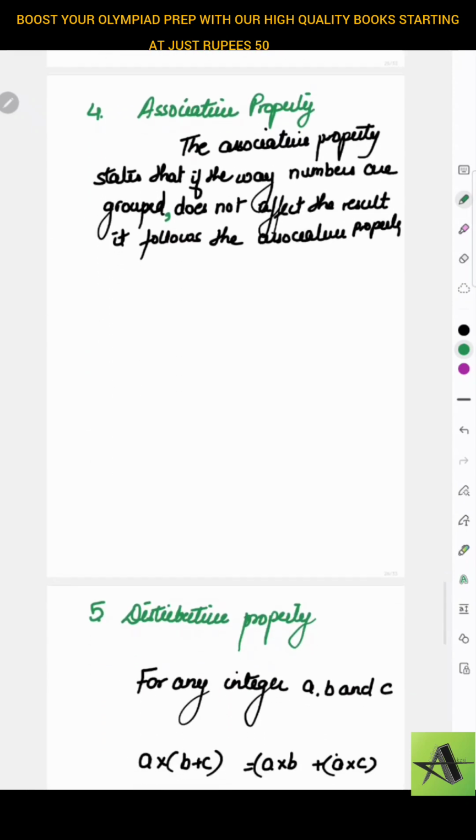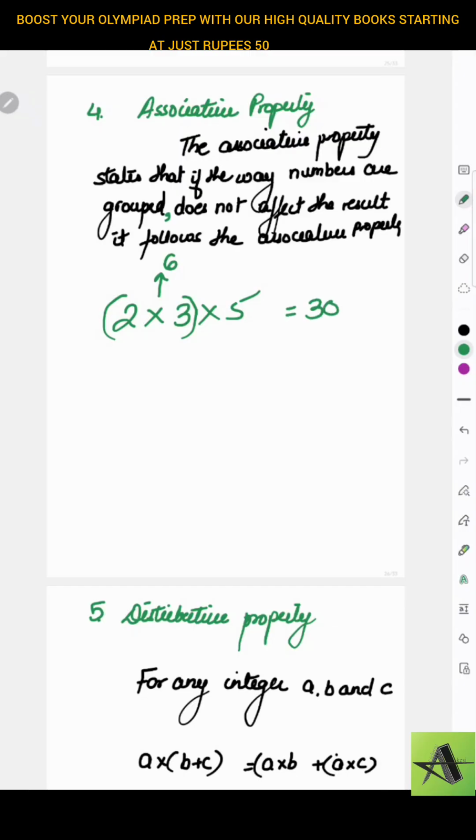Next is associative property. Associative property says the way in which the numbers are grouped will not change the answer. Let's say we have 3 numbers, 2 times 3 times 5. If I group them like this, obviously I'll solve this bracket first. So 2 times 3 will give me 6 and 6 times 5 will give me 30.